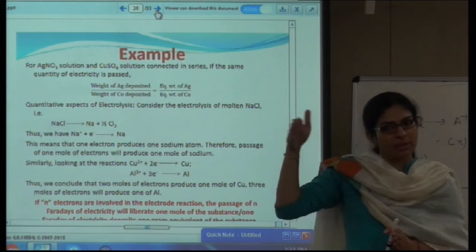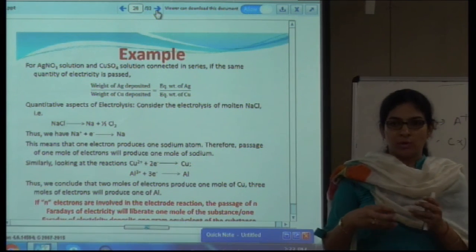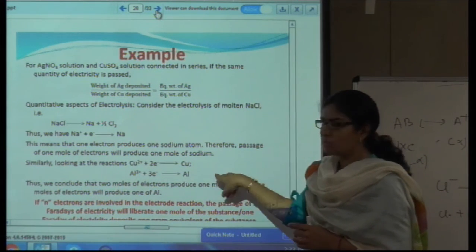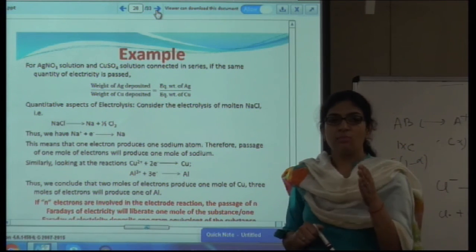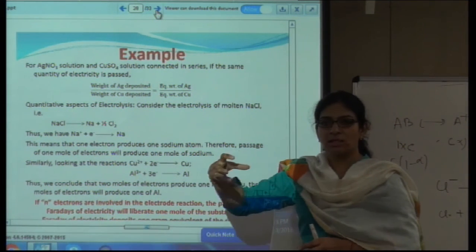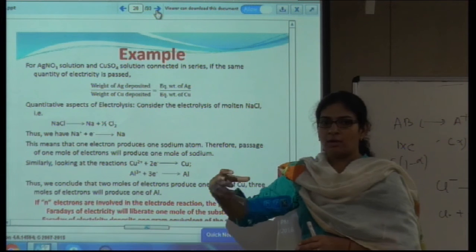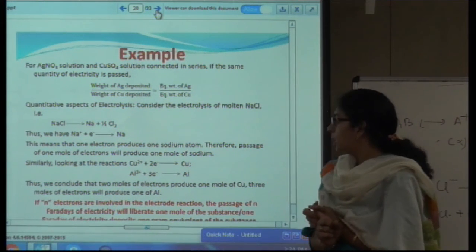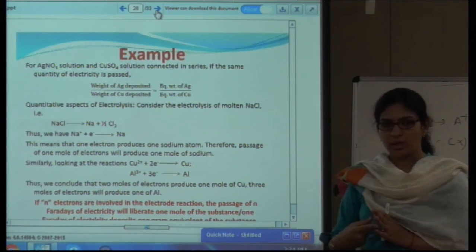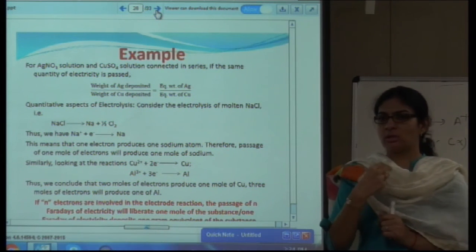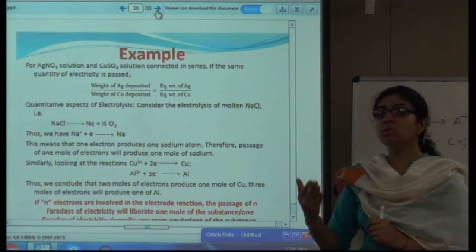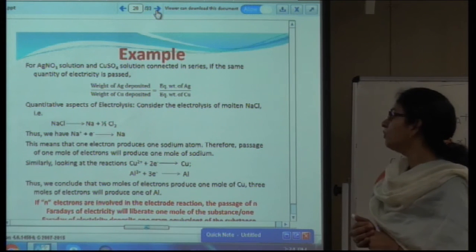The amount will be different, because if more electrons are required to convert ions to neutral atoms, then obviously more charge is required. So 1 mole of electrons can produce 1 mole of sodium, 2 moles of electrons can produce 1 mole of copper, and 3 moles of electrons can produce 1 mole of aluminium.